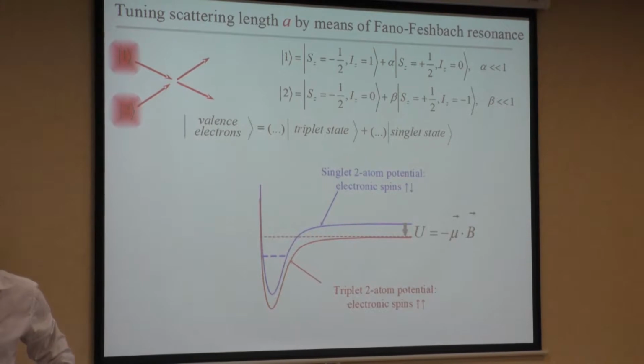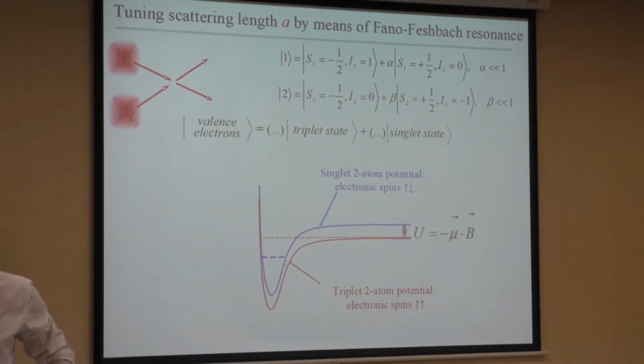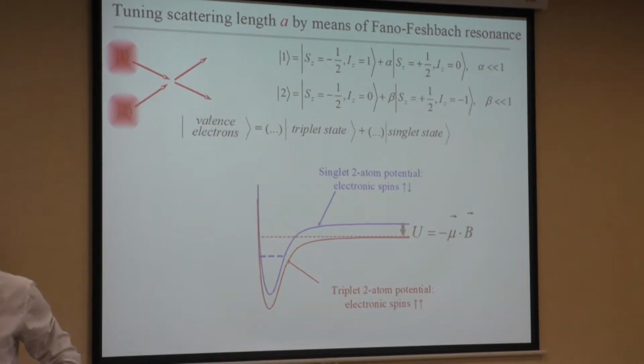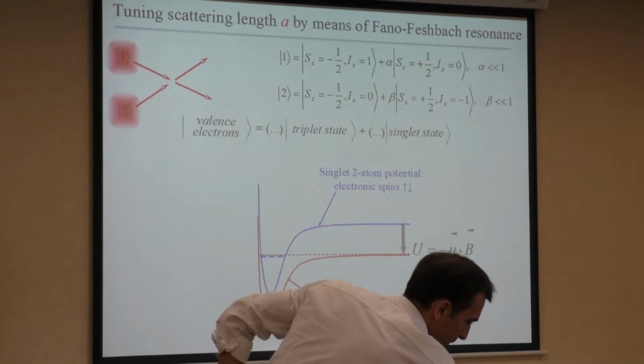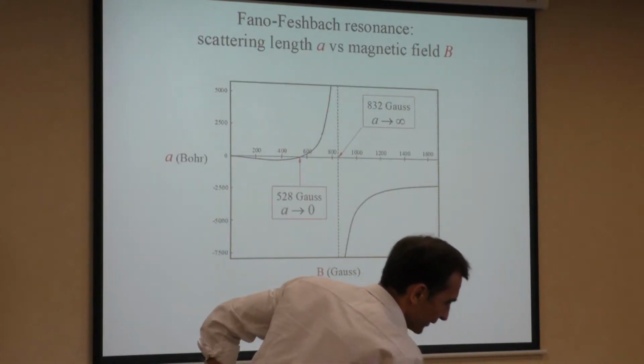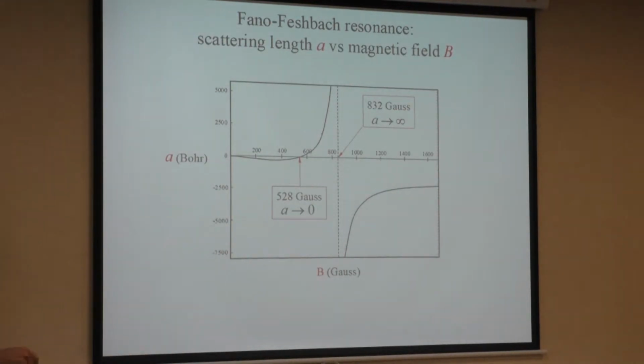That's the beauty of ultra-cold atoms. It's the system which allows you to tune interactions at will, and tune them continuously, because it is very simple to apply an external magnetic field. This again, that important graph, the scattering length versus the magnetic field.